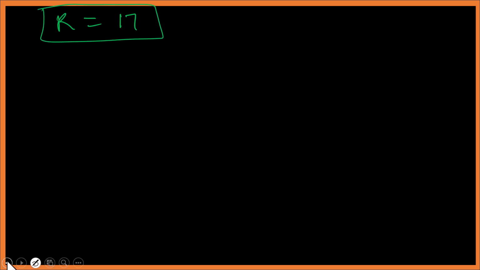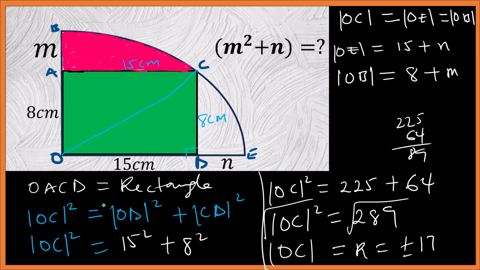Now be very careful here. Remember, OE is a radius and OB is a radius. So let's look at case 1, OE. OE is what? 15 plus N. And OE is the same as OC. It's also a radius.